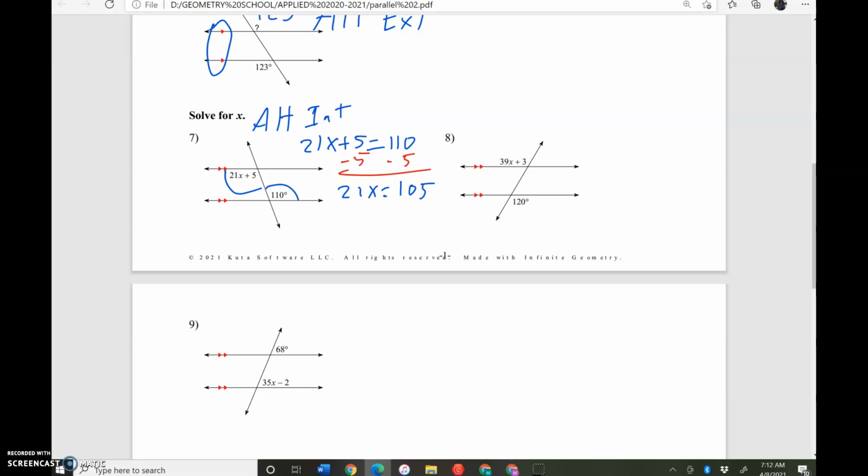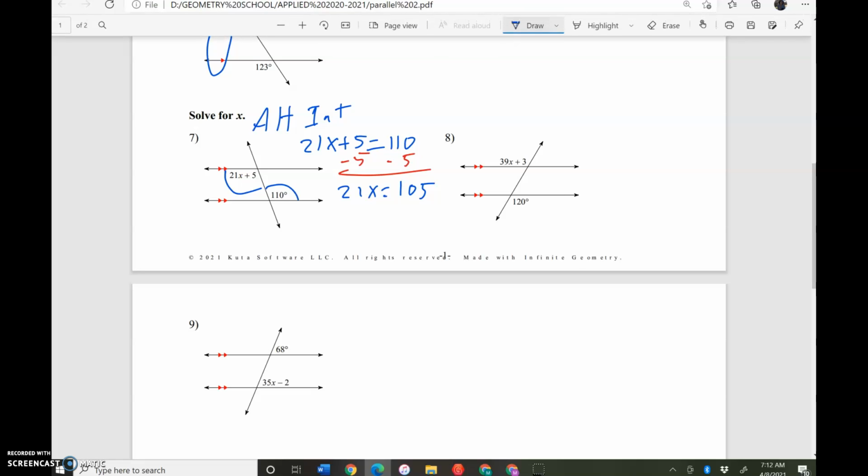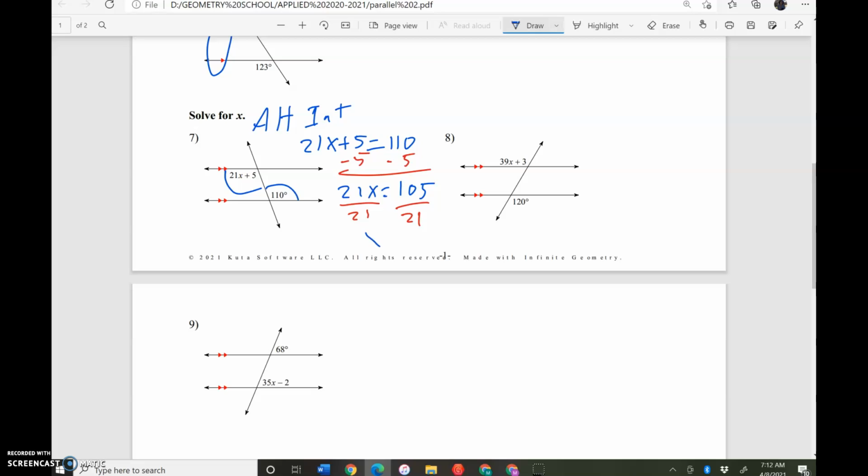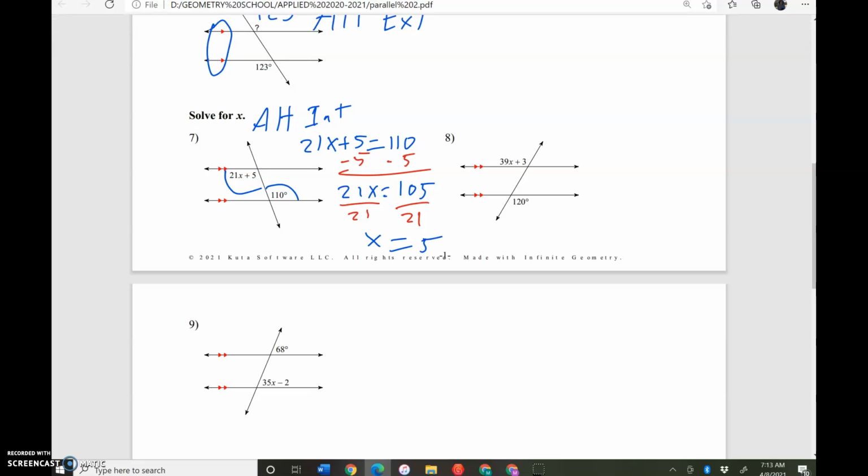Now I can divide by 21. So that leaves me x is equal to 5. Okay, x is equal to 5.